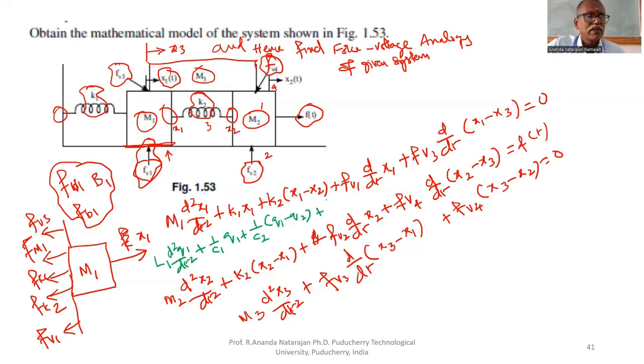FV1 is B, B should be taken as R, R1. R1 dQ1 upon dt plus R3 d upon dt of Q1 minus Q3 equal to 0.